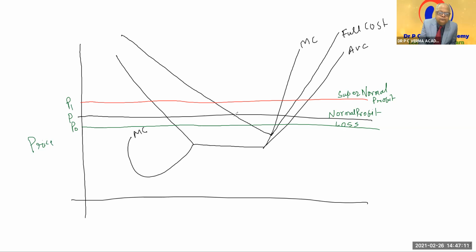Look here, this is actually budgeted output.